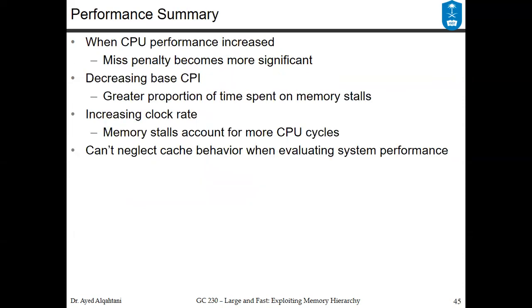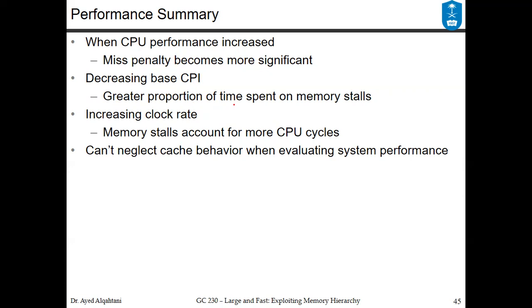Now, as a performance summary, when the CPU performance increased, the miss penalty becomes more significant. Decreasing the base CPI, this is good. We need to decrease it to the best we can.